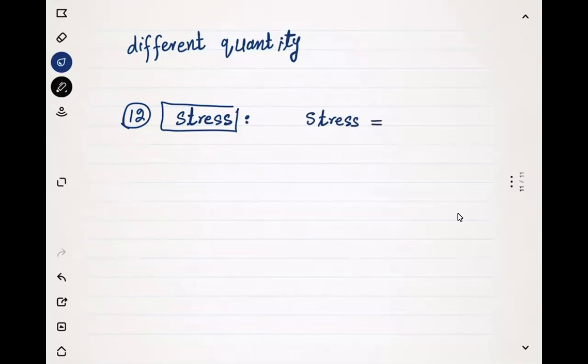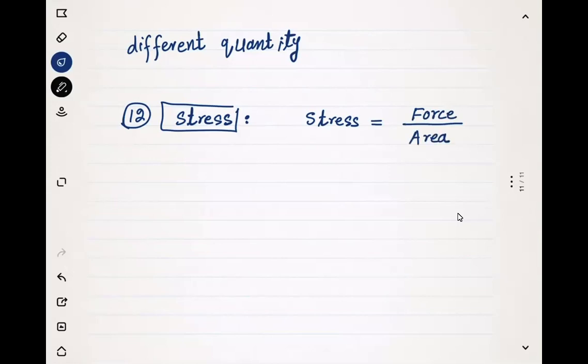However, when we'll study the chapter deformation, it will be studied in detail. So generally force over area is pressure. However, when we extend or compress something, then the force acting on a unit area, distribution of force according to area, is called stress.